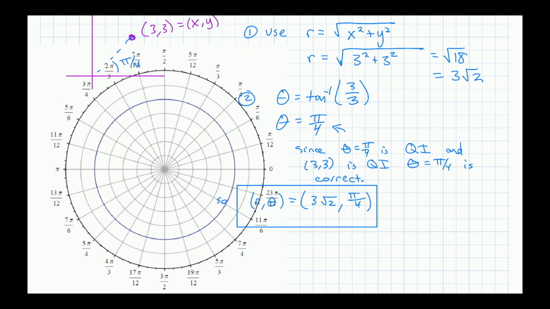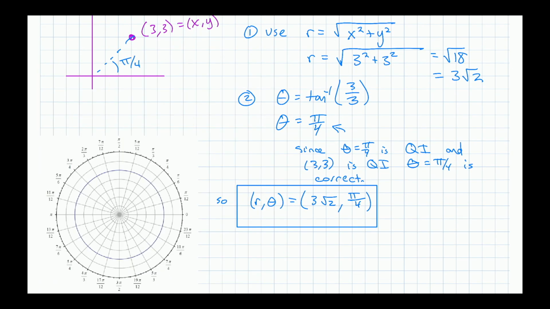If you graph it this way as well, I made the graph small here, so if I put my points like this, 1, 2, 3, 4, 5, 6, 7.